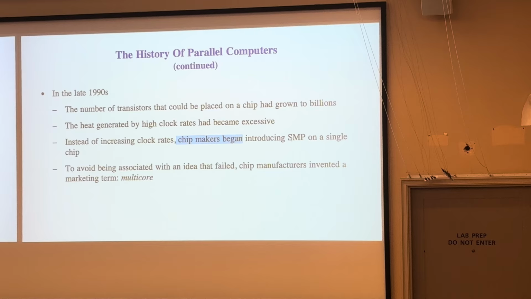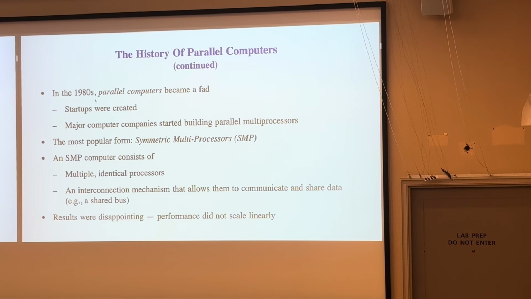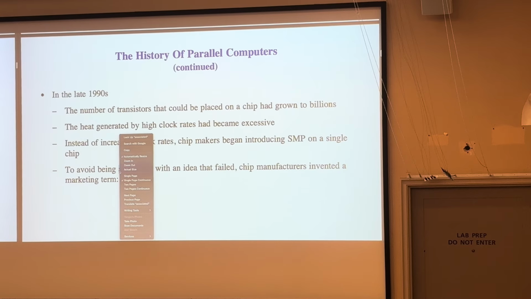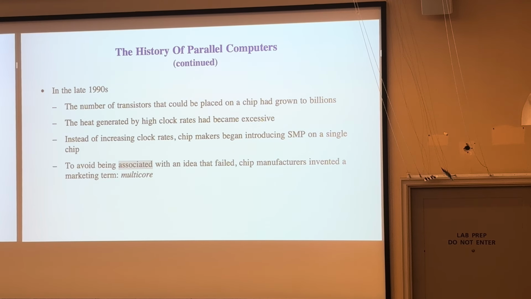Before this, in the 1980s, you had multiple independent processors. Now you have multiple processors on a single chip. Chip manufacturers invented the marketing term multi-core, but the idea is the same. You have multiple processors that share data.